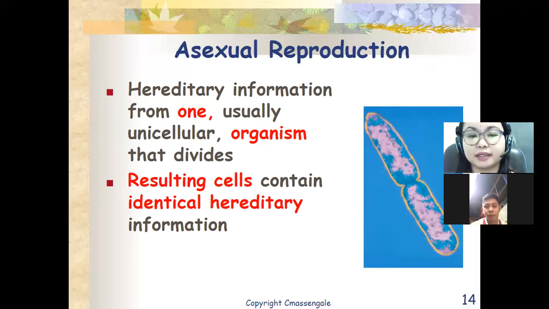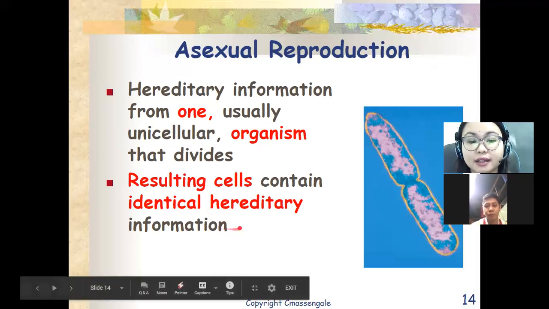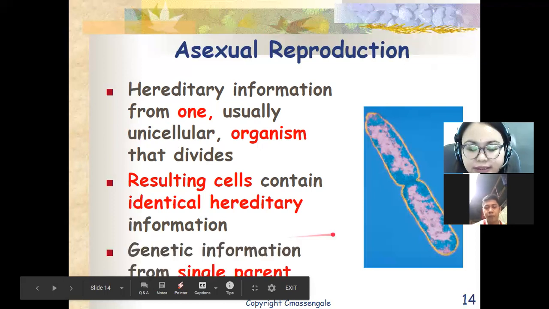The mother plant and the fruit and flower of the cutting have exactly the same attributes as the mother plant. It's because they have identical hereditary information, since they usually came from one unicellular organism that divides, and the genetic information is from a single parent.